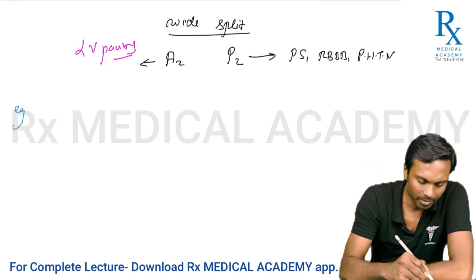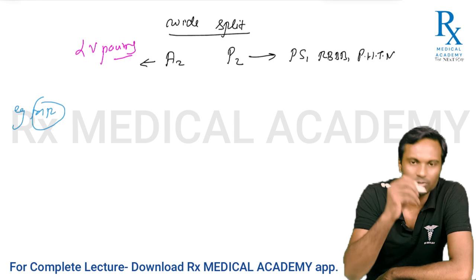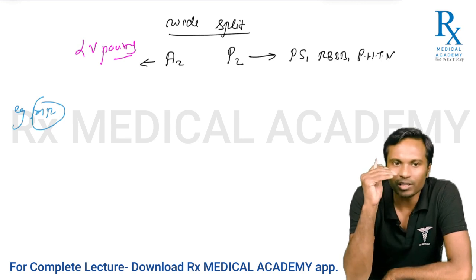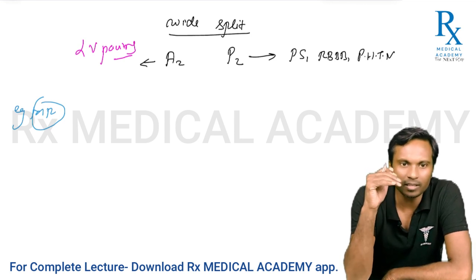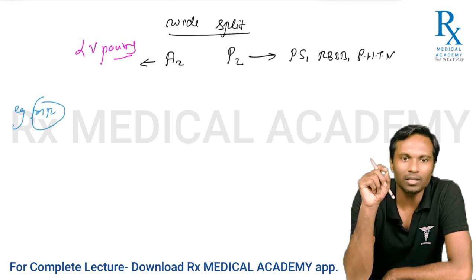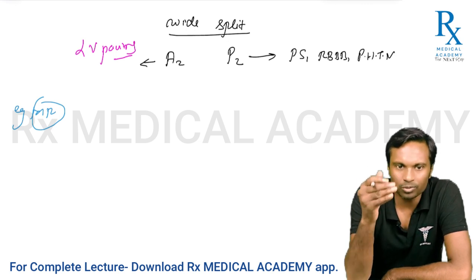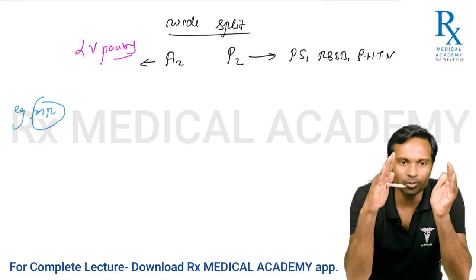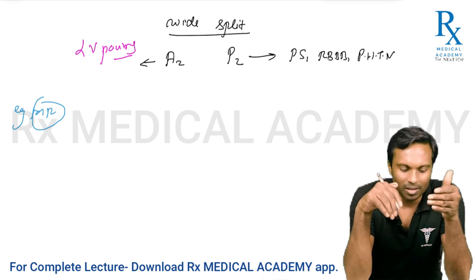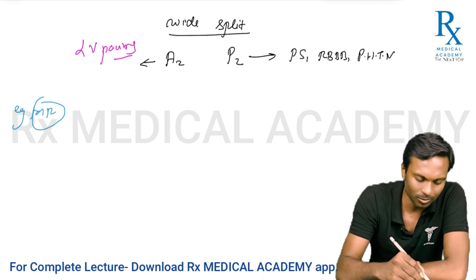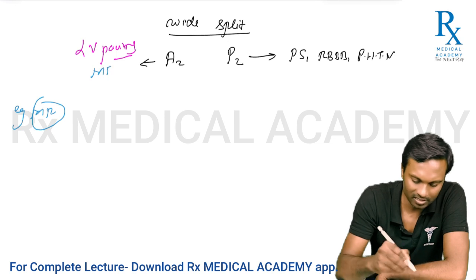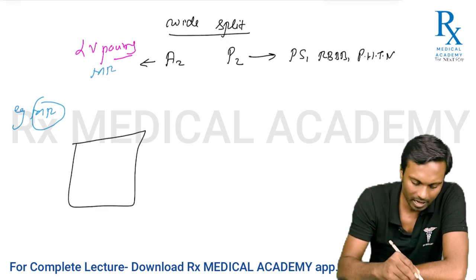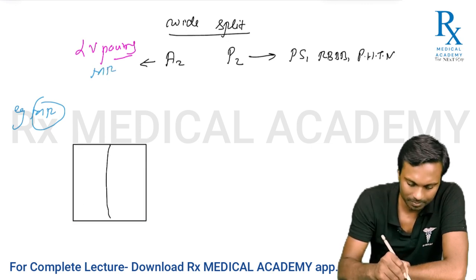See, in case of mitral regurgitation, what actually happens is that the majority of blood from the left ventricle spills out into the left atrium instead of going into the aorta. Therefore, flow through the aorta will be decreased and the aortic valve will close earlier. So this can again result in early A2. Let's understand. Always make a habit of making a line diagram.